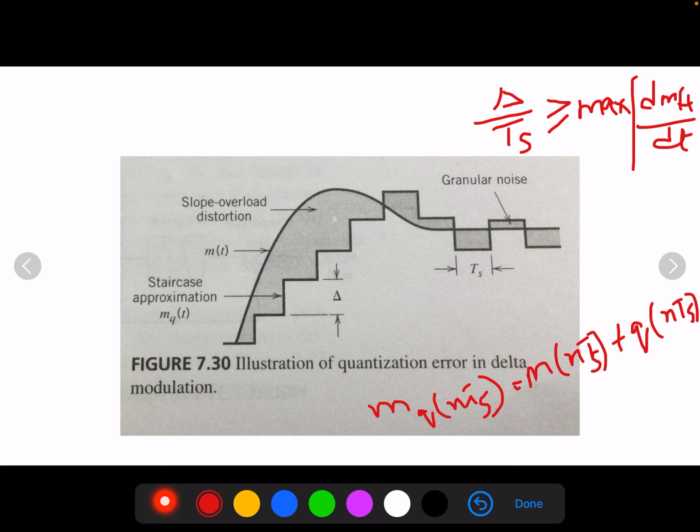This condition is the slope overload, and the resulting quantization error we call slope overload distortion.